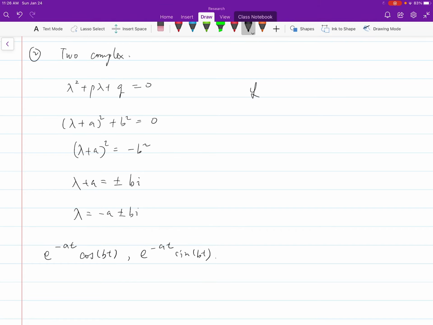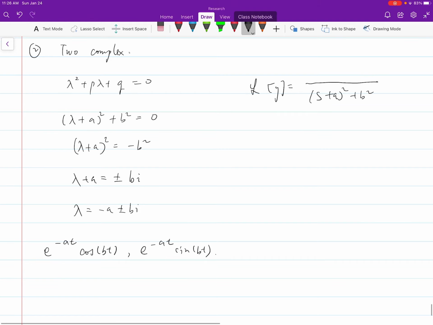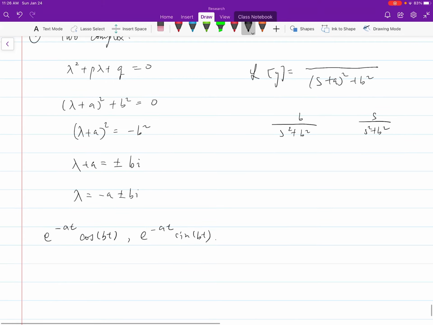Now, you got exactly the same thing with Laplace transform. You have Ly equals something. But again, let's change to s. Okay? And we compare them. This gives you sine. This gives you cosine.